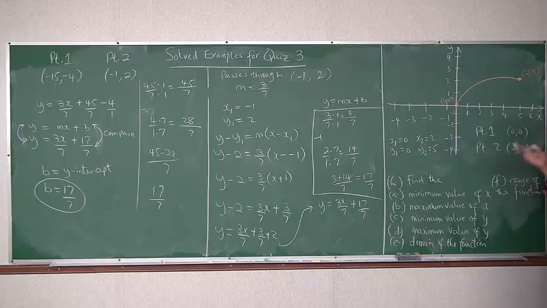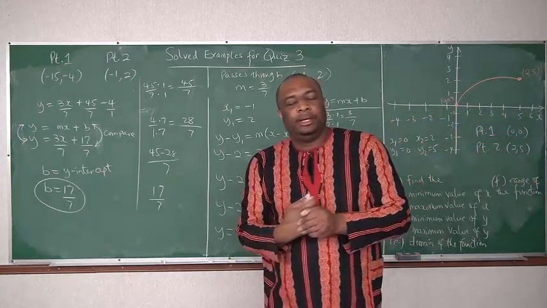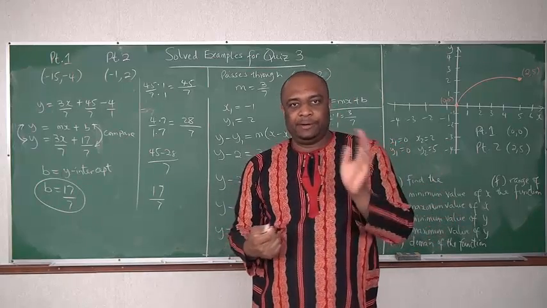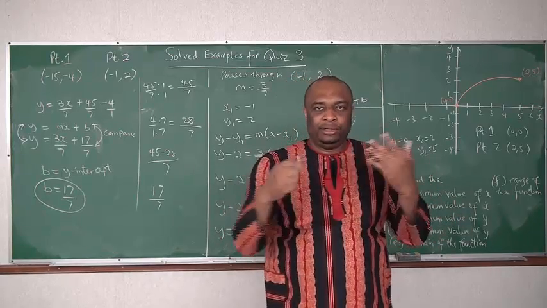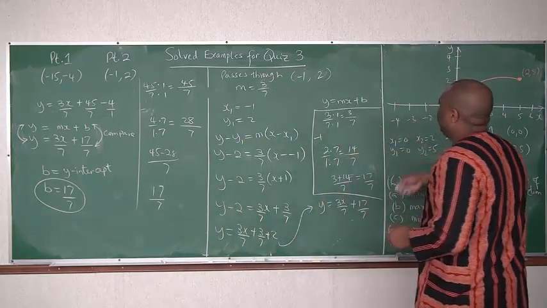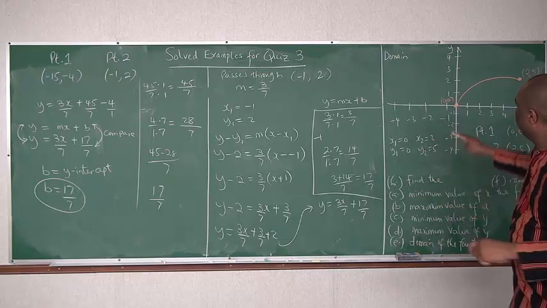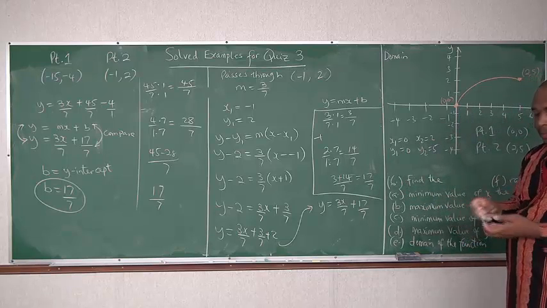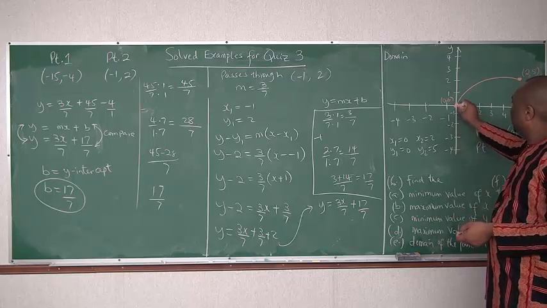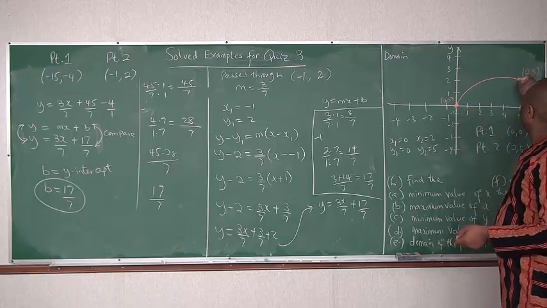What is the domain of the function? We talked about domain in the videos on relations and functions. Domain includes all x. So we have here all values of x from 0 to 2. This is a shaded circle.